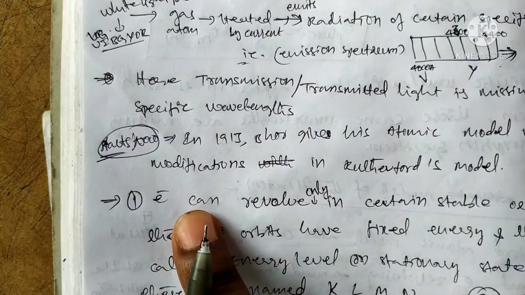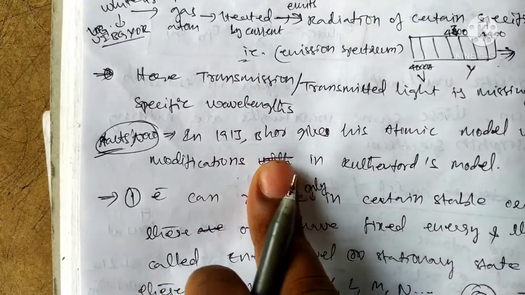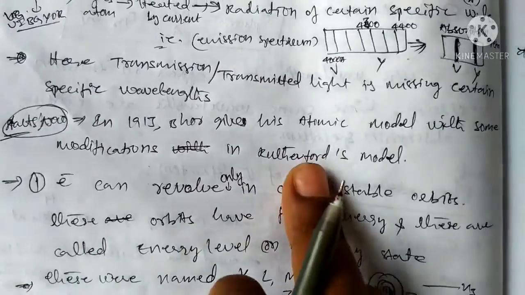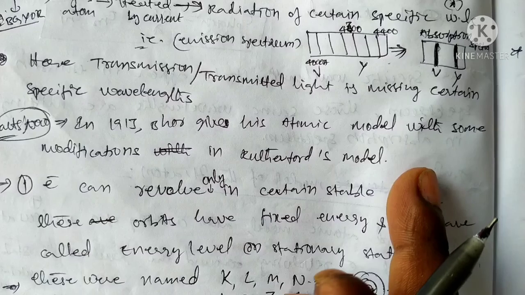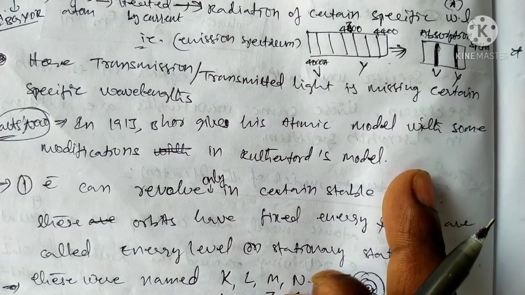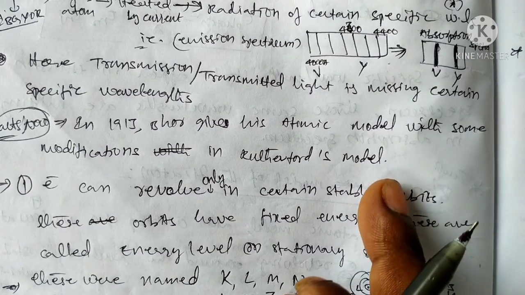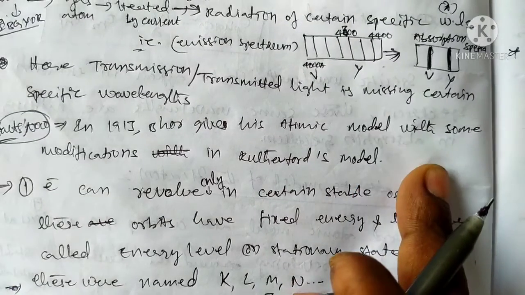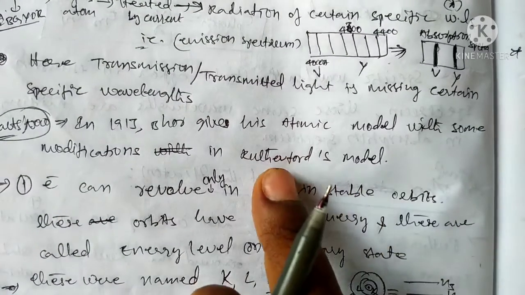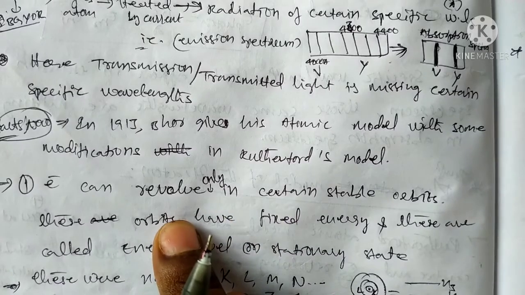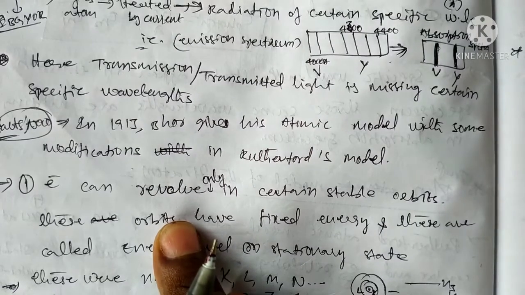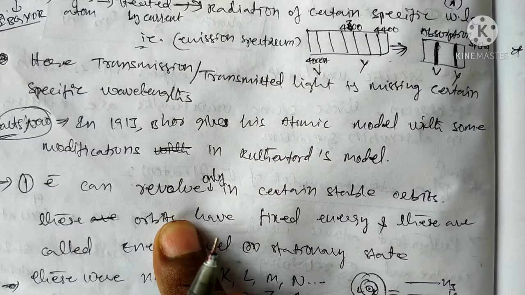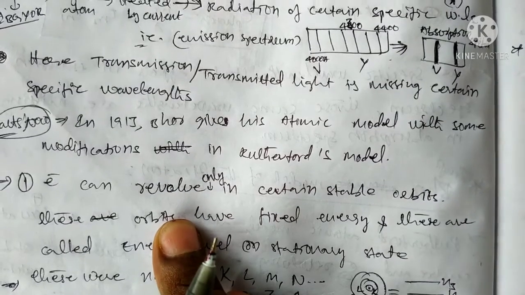In the first postulate, Bohr gave an atomic model with some modifications to Rutherford's.